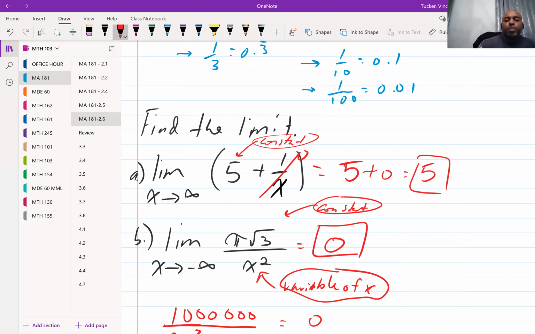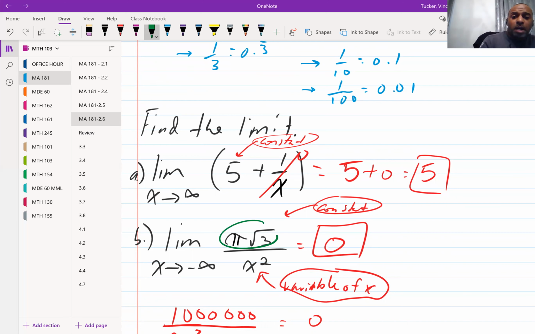All right. B, we have the limit of pi square root of 3 over x squared as x goes to negative infinity. So remember I said that if your numerator is any number, it could be 1 million, and your denominator is that variable as it goes to infinity, it's always going to go closer and closer to 0.